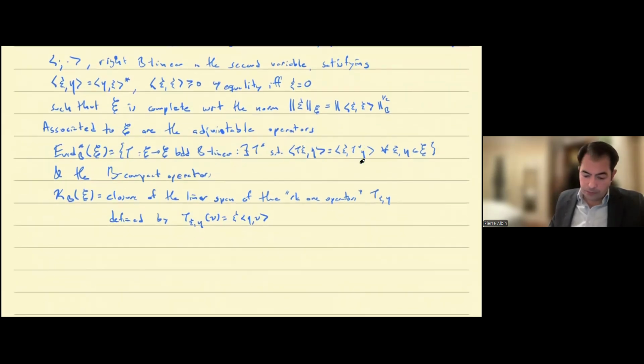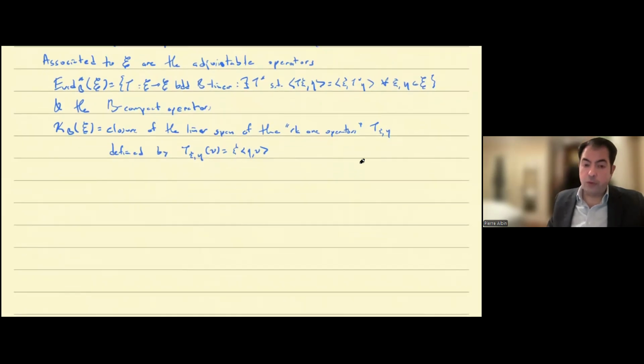Okay, so that's some idea of what happens when we have continuous functions in the first entry and then a unital B star algebra in the second entry.